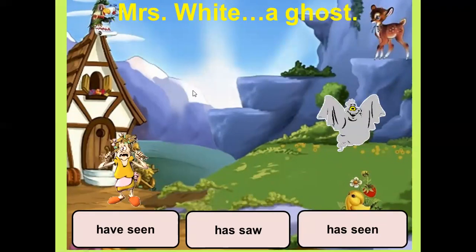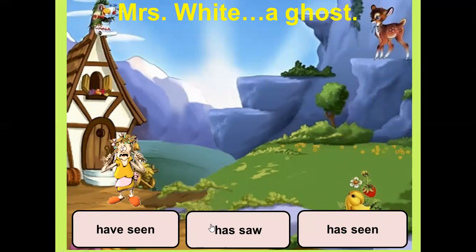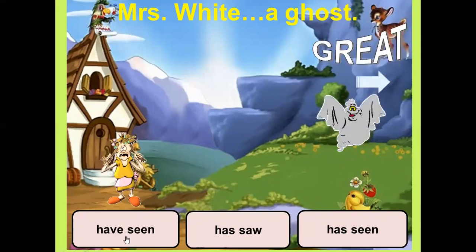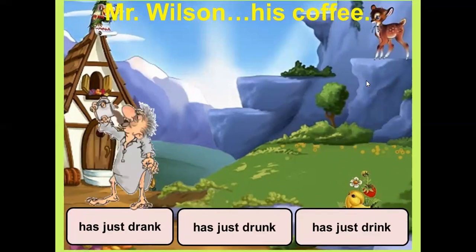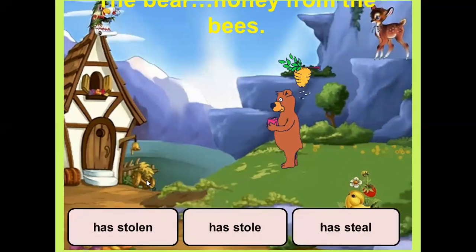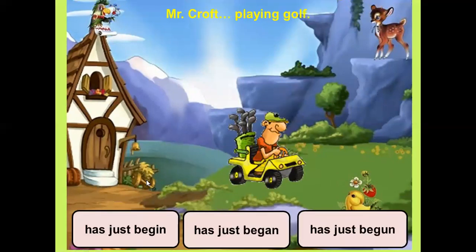Mrs. White has seen a ghost. Mrs. White is singular, has seen. It's clear. I cannot say have seen because she's one. I cannot say has saw because here it's the past and not the past participle. Of course, I have to say has seen to be in the form of the present perfect. Mr. Wilson has just drunk his coffee. I'm sorry, I have to go back again.